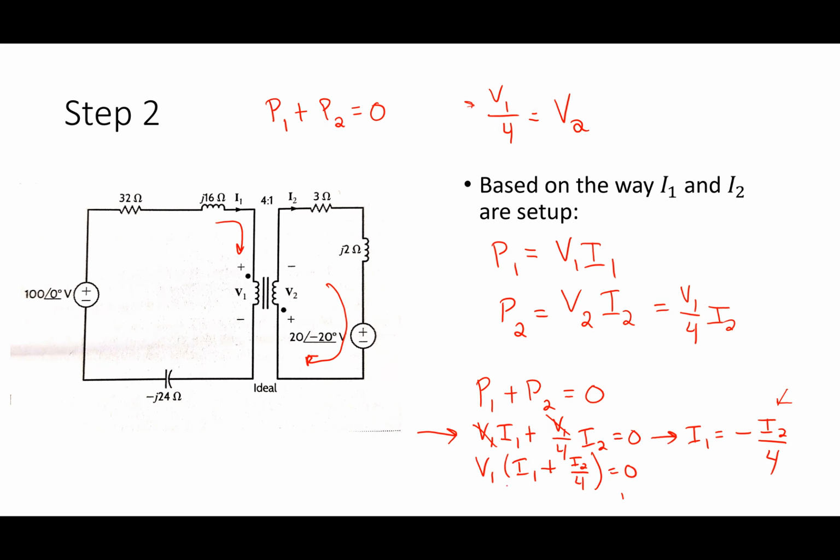So you cancel that out and say I1 plus I2 over 4 must be equal to 0 to make that true. That mathematical statement is always true. It says that whatever power is going into one side has to come out of the other side.